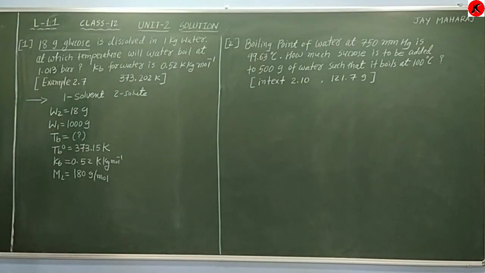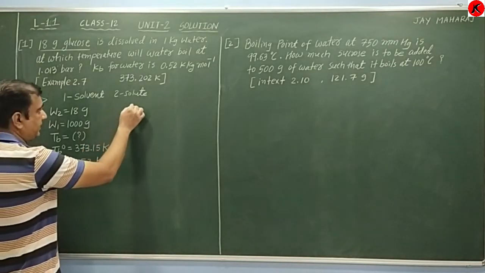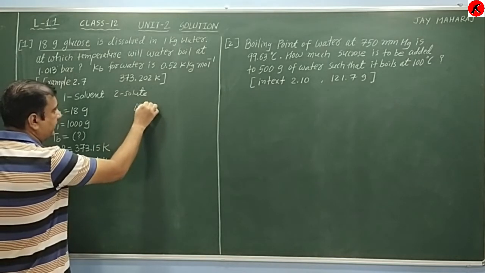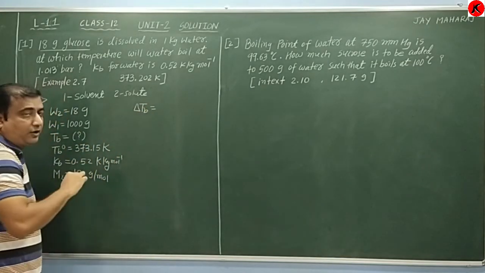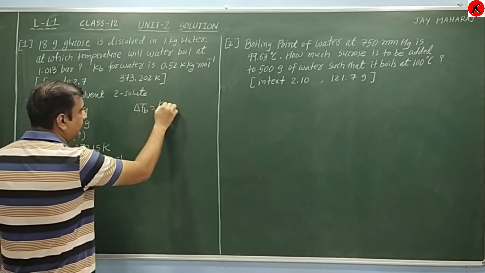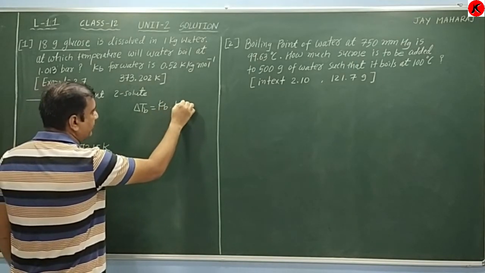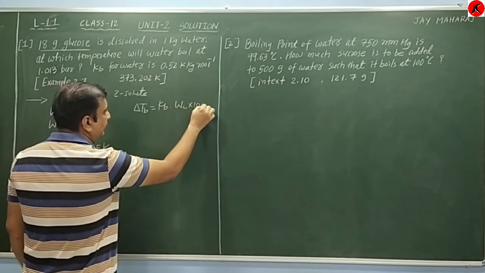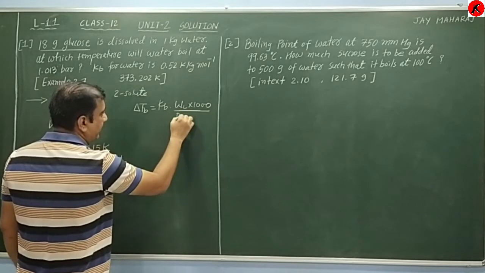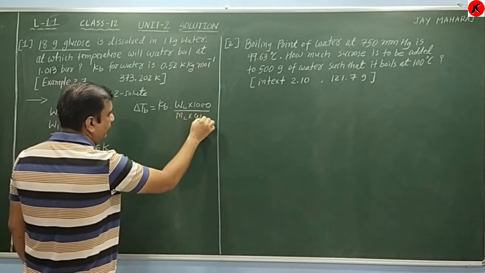Now we have to calculate Tb. First we will calculate delta Tb. We know the formula: delta Tb equal to Kb into W2 into 1000 divided by M2 into W1.